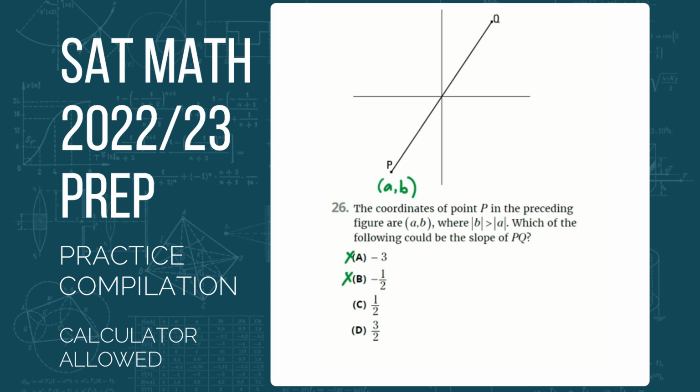It goes through the point (0, 0). So the slope of the line should be equal to (b minus 0) over (a minus 0), which is b over a. And since b is greater than a, it cannot be 1 over 2. It has to be 3 over 2. Choice D is correct.